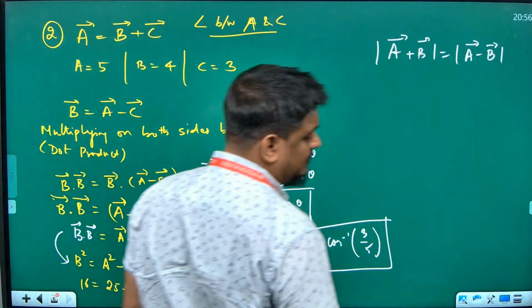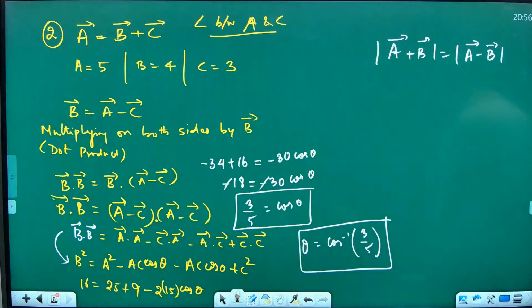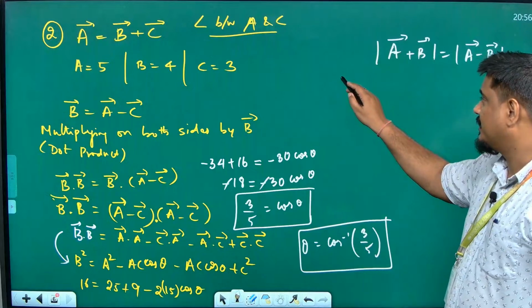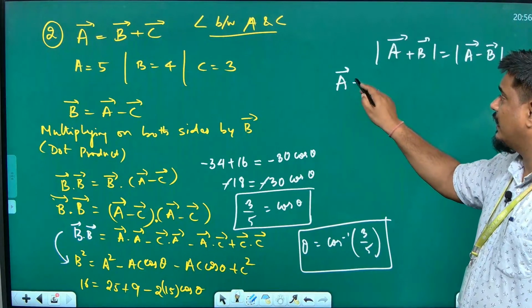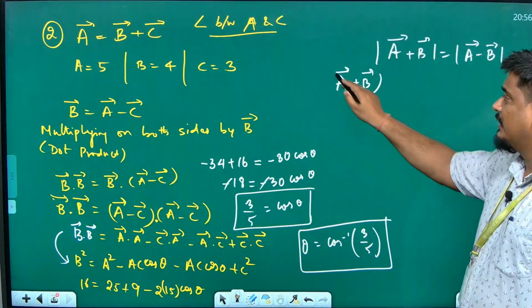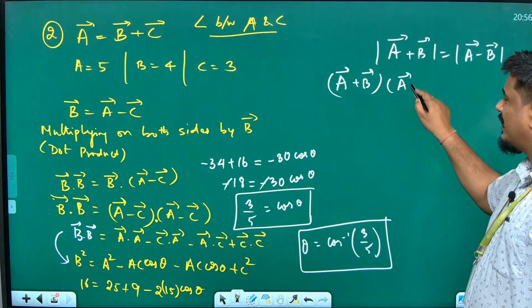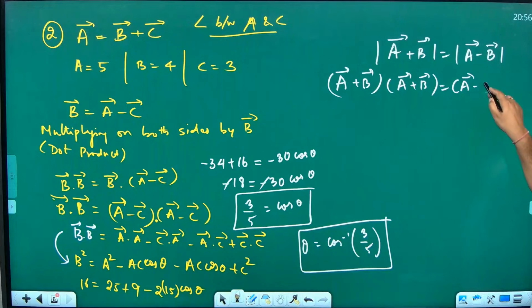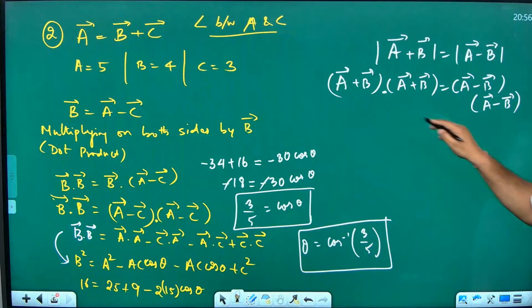Got any answer? How dot, you see what I said now, please pay attention. I said A vector plus B vector into A vector plus B vector, and on the other side A vector minus B vector into A vector minus B vector. I am squaring both sides, nothing else. Dot is there between actually.